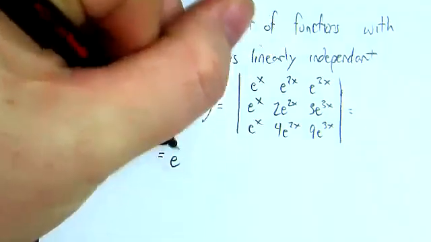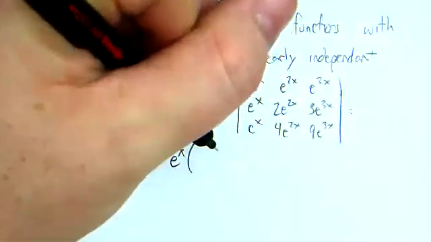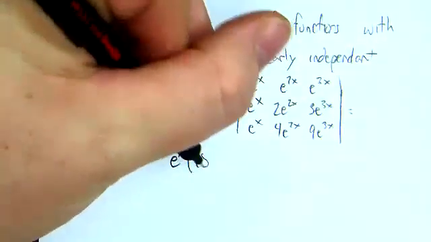And here we have e to the x times 2 times 9 is 18.